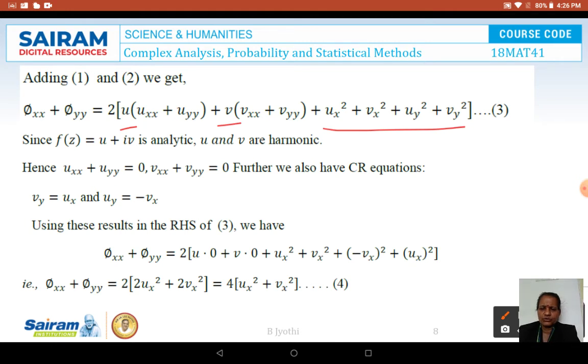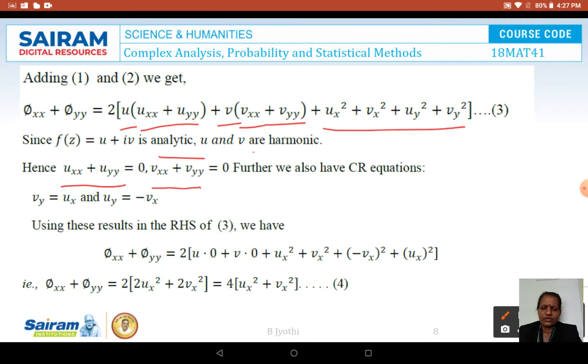When I combine the u terms separately, we get uxx plus uyy, and v terms separately vxx plus vyy, and remaining terms are ux square, vx square, uy square and vy square. Call this equation number 3. And it is given that it is analytic, therefore u and v must be harmonic. So if u is harmonic, by harmonic property uxx plus uyy is 0, and if v is harmonic, vxx plus vyy is also 0.